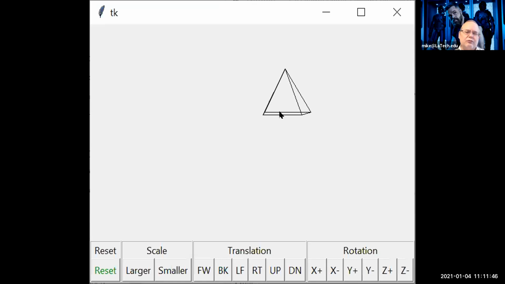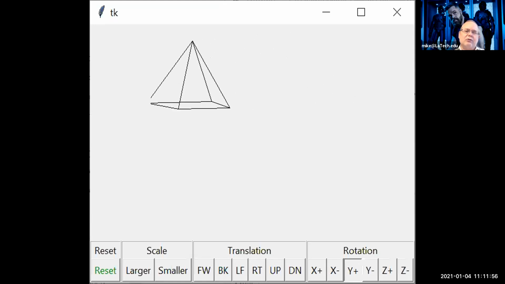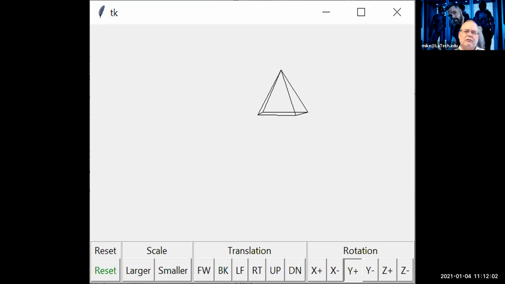I don't want it to move. So that's what we're trying to accomplish. So instead of it moving right around that y-axis, we want it to be in whatever position it is in, but just rotate right where it's at, like in place. Okay, so that's what we're attempting to do here.